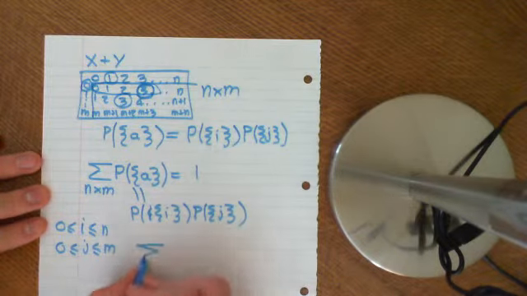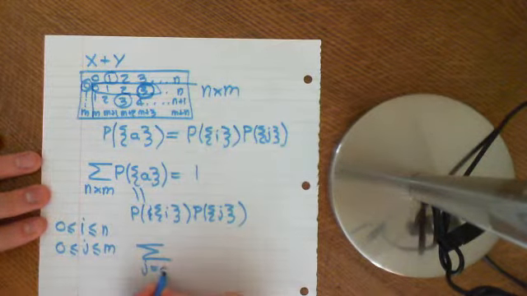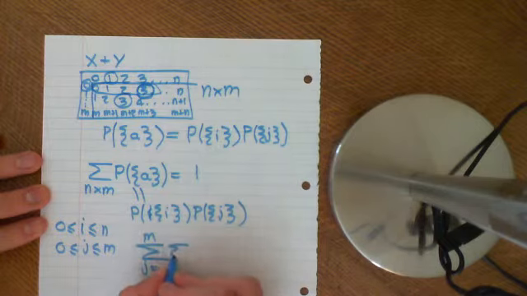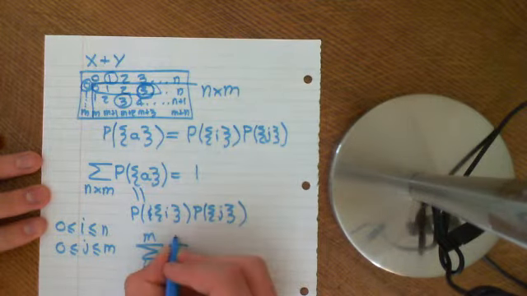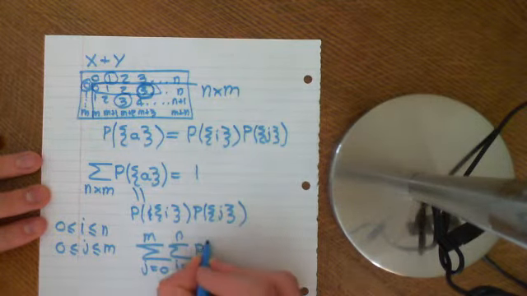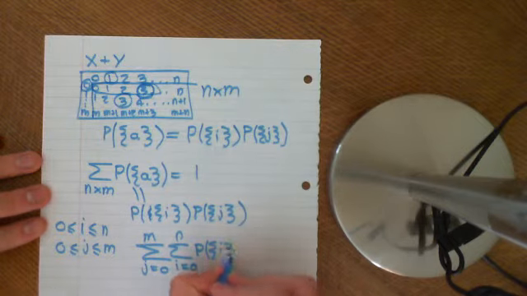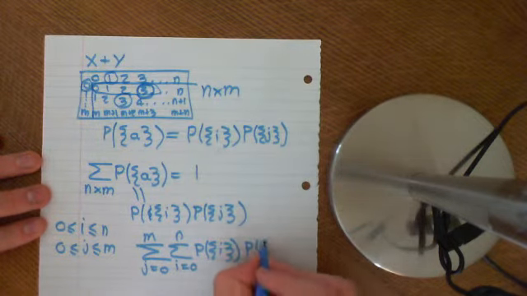So it's the sum j equals 0 to n, the sum i equals 0 to n of the probability of getting i times the probability of getting j.